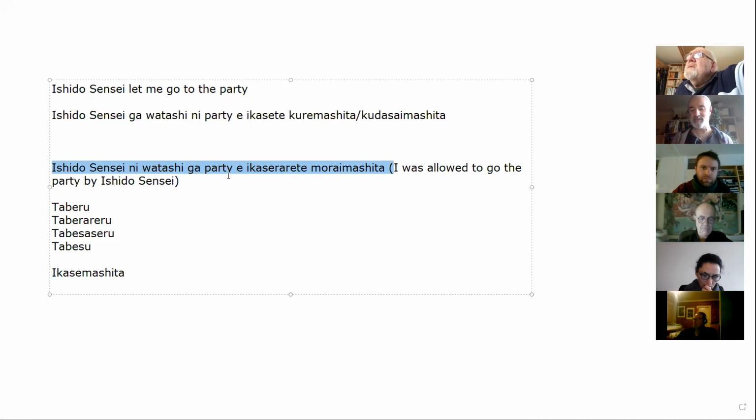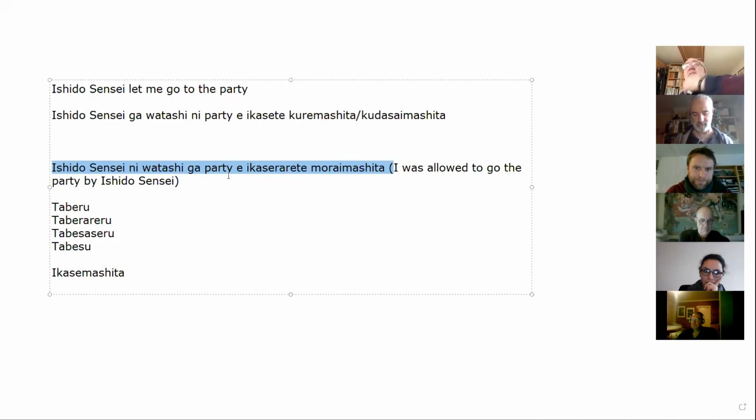So ikasete agimasu means to allow somebody else to go. I'll just quickly find it in this dictionary. If you look up, I think it's tabesu. Just a second. Tabesu. Tabeseru. No, I can't find it, of course.